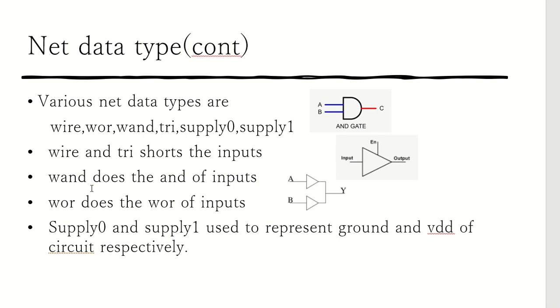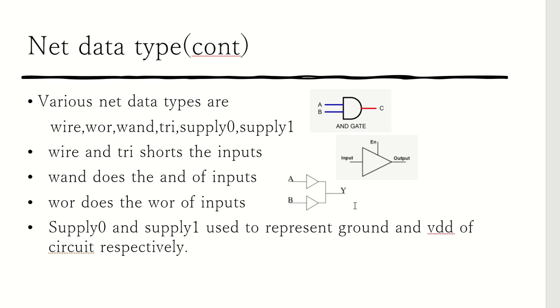And wand, here in this diagram, A and B both are controlling Y. For example, if we assign Y is equal to A and in the next statement we assign Y is equal to B, the tool can't decide whether to take A or B. For example, A is 1 and B is 0.